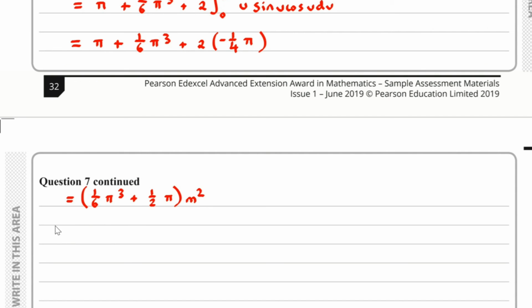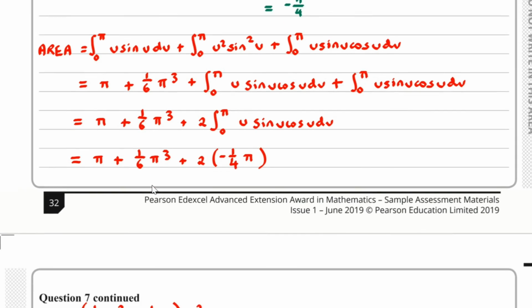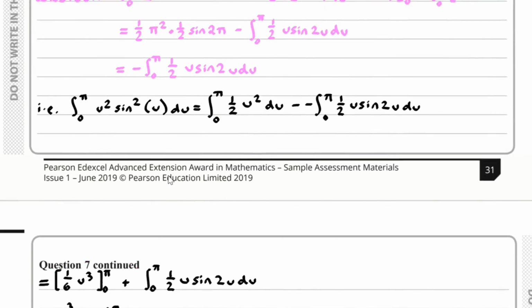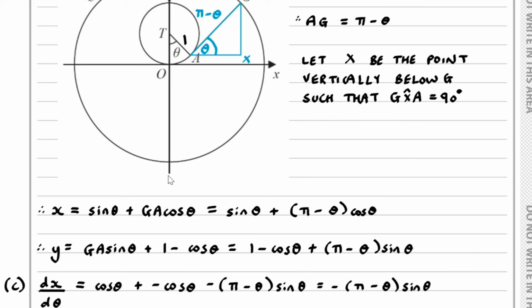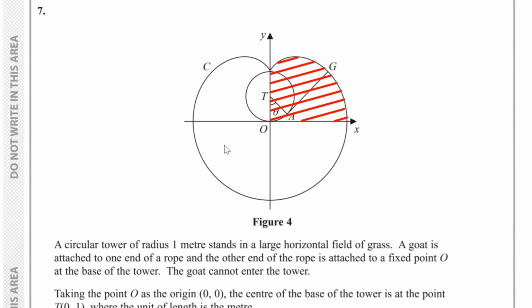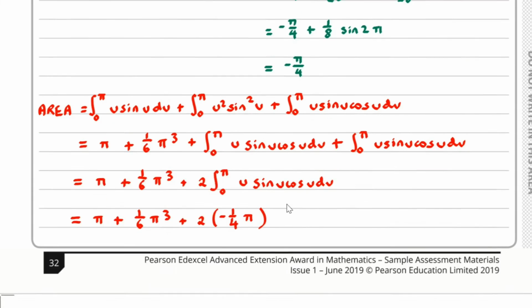So, now that we've done that, what other areas do we need? Well, we need the area of the semicircle. So if I go back to my diagram in the question, we need the area of that semicircle.